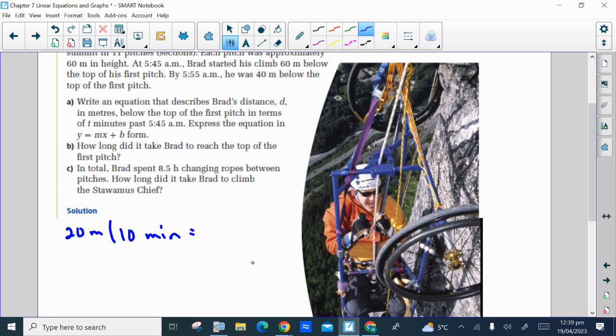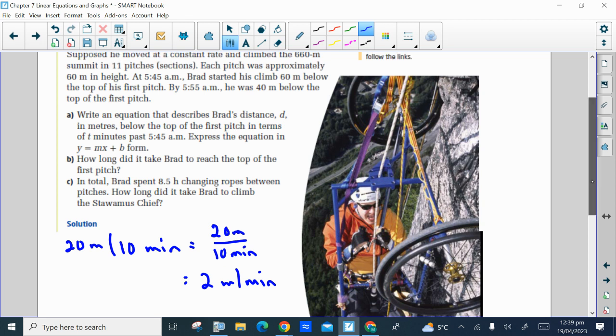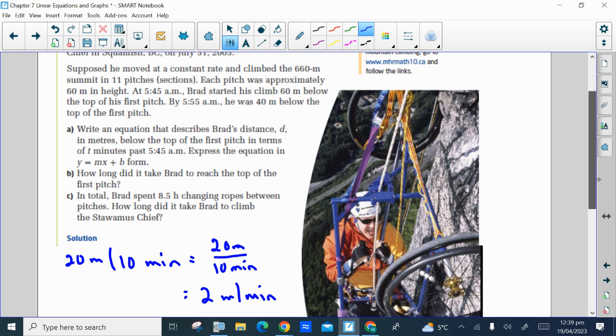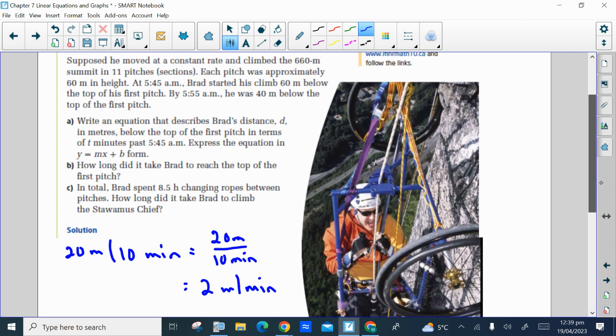So if we actually divide that 20 meters over 10 minutes, that is 2 meters per minute. That is his rate of climb. We are told above that he climbed at a constant rate. He moved at a constant rate. We're told that.